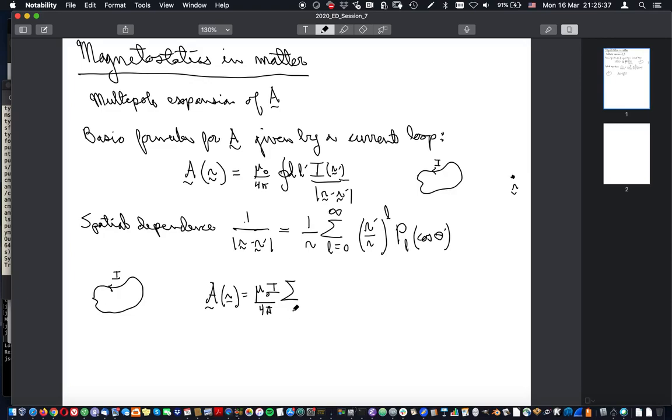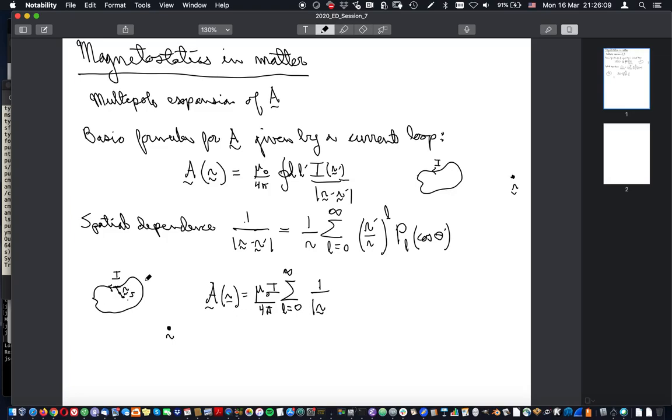Summation from L equal to 0 up to infinity of 1 over the vector r. So let's say I've got my vector r here, and let's say that that's my origin, and this is my vector r_s, s for source.